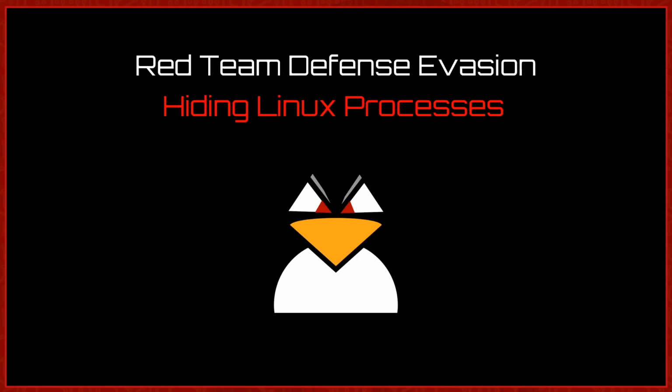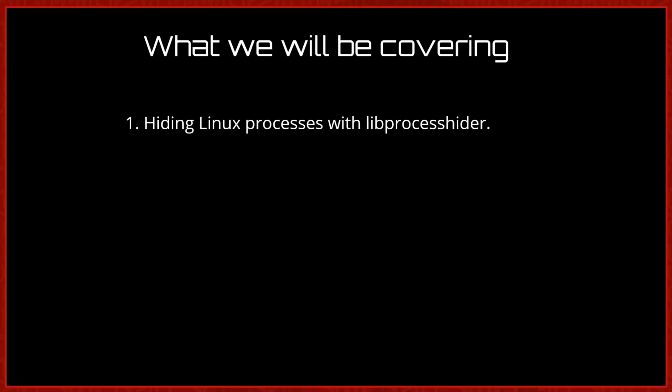And one of the key techniques that falls under defense evasion for Linux is hiding Linux processes so that administrators or security analysts can't identify any anomalies within the process tree. So in this video specifically, we'll take a look at how to hide Linux processes with libprocesshider.